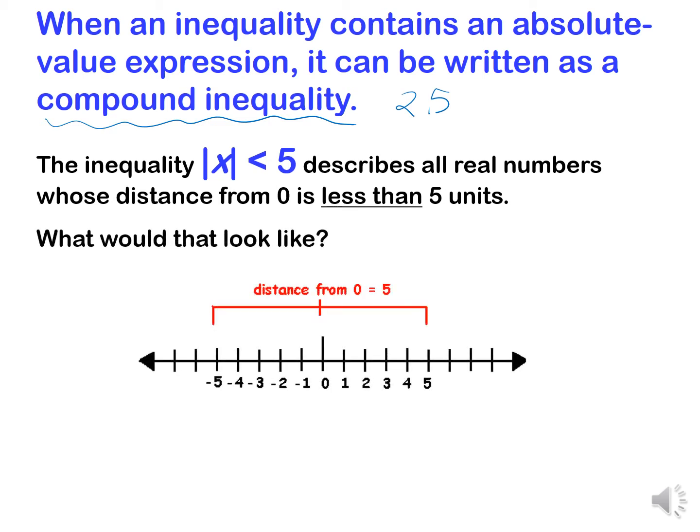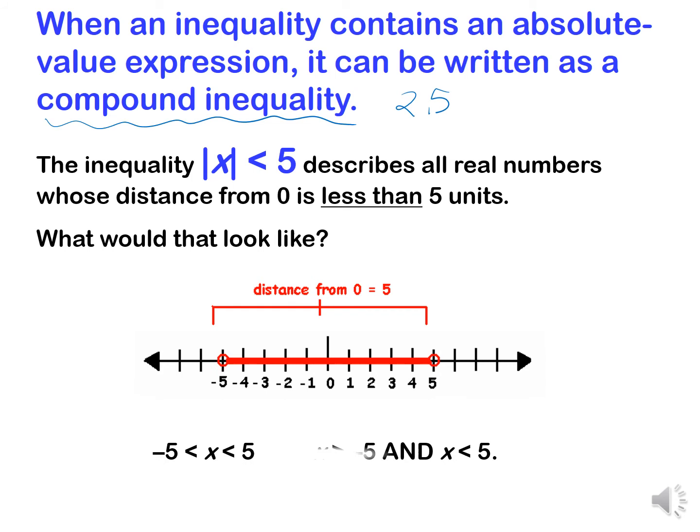So what do you think that would look like? Well, if this is 5, then less than 5 would be everything in between. So right away I want you to notice that this is an AND problem. And instead of just being 2 points, the answer is everything between the 2 points.